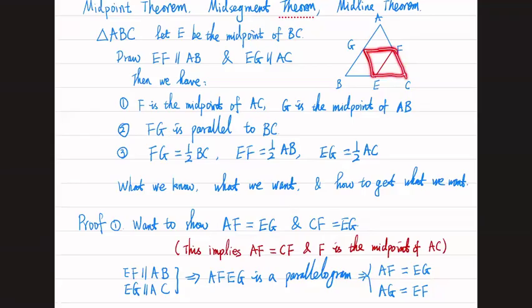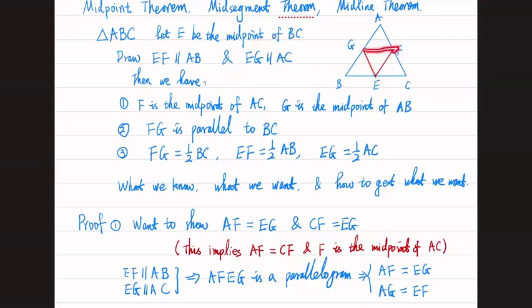Aaron, what do you think? Is this a parallelogram? Yes. Why? Well, let's see. GF and EC are parallel, and so are GE and FC. GEFC is a parallelogram. Okay, that's the condition.